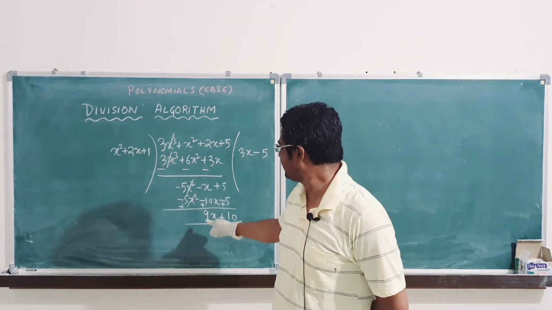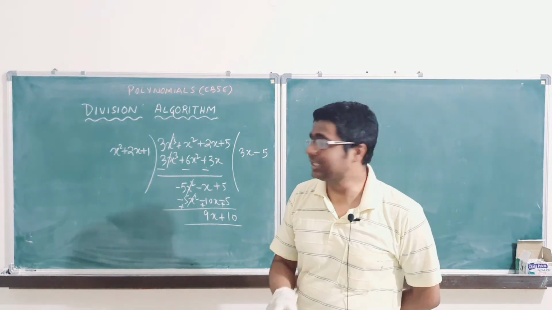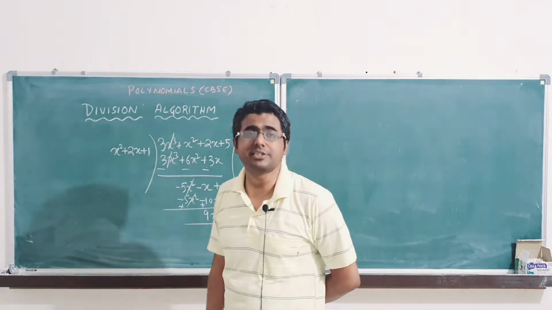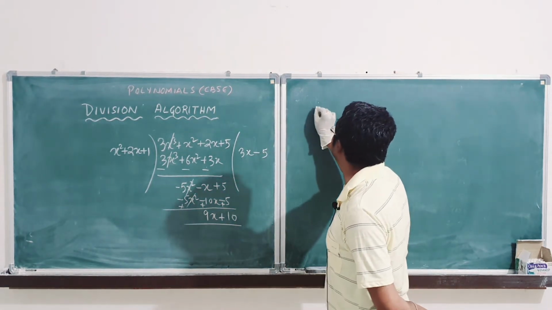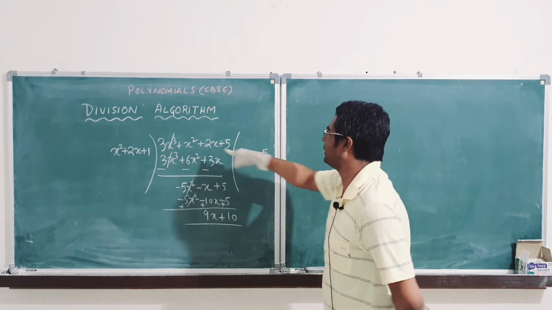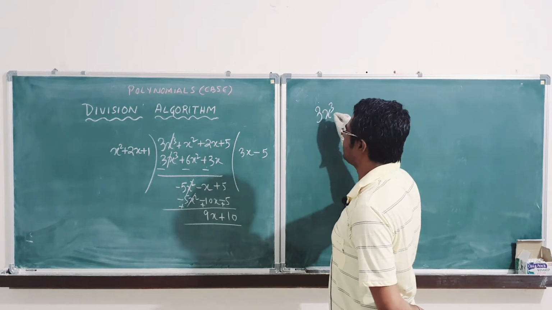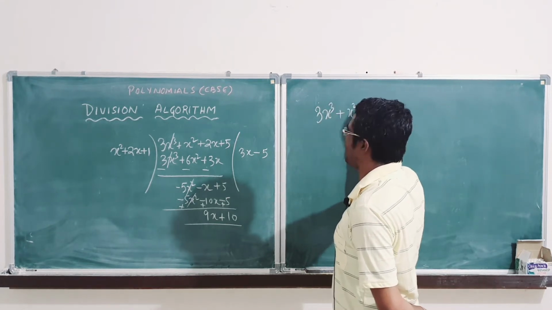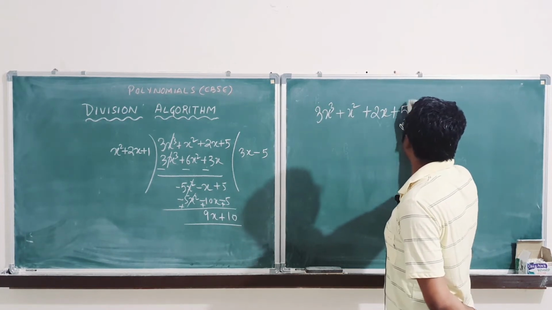The reason is the remainder has a degree lesser than the divisor. Okay? So let us take the divisor as g(x). We will first write the dividend: 3x cube plus x square plus 2x plus 5, okay?